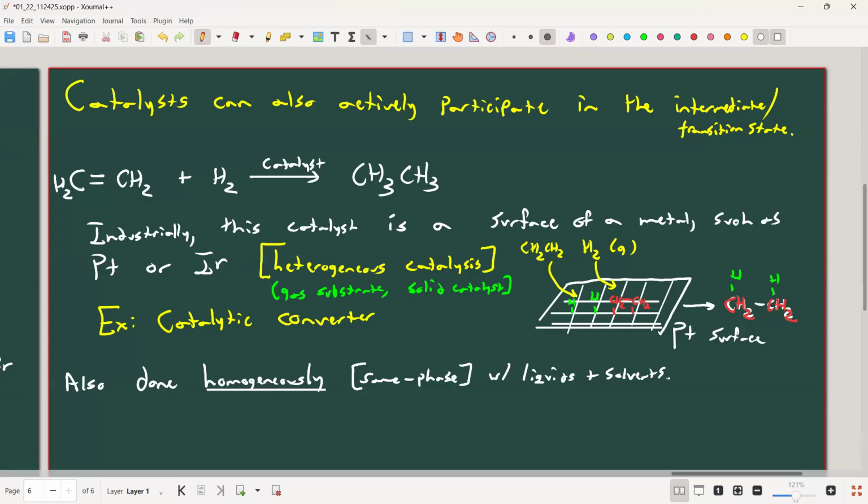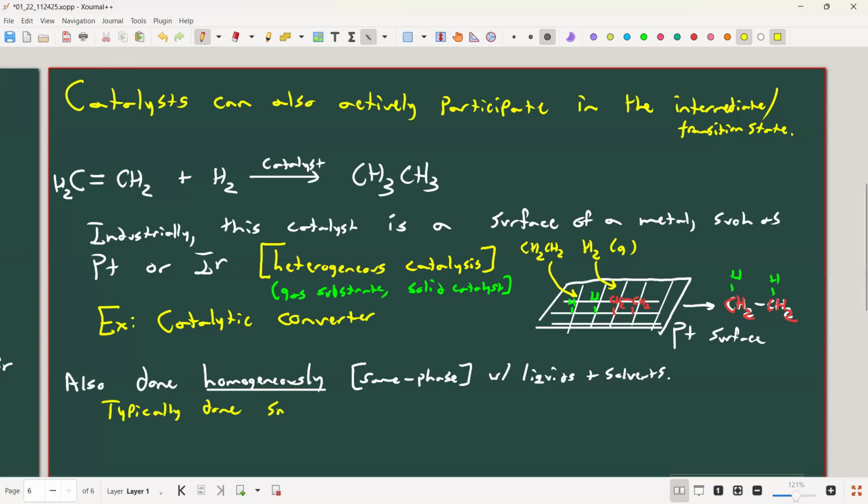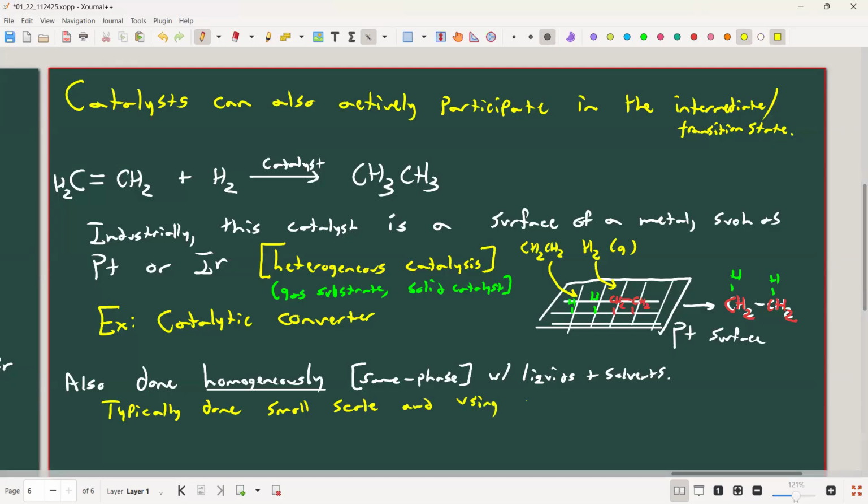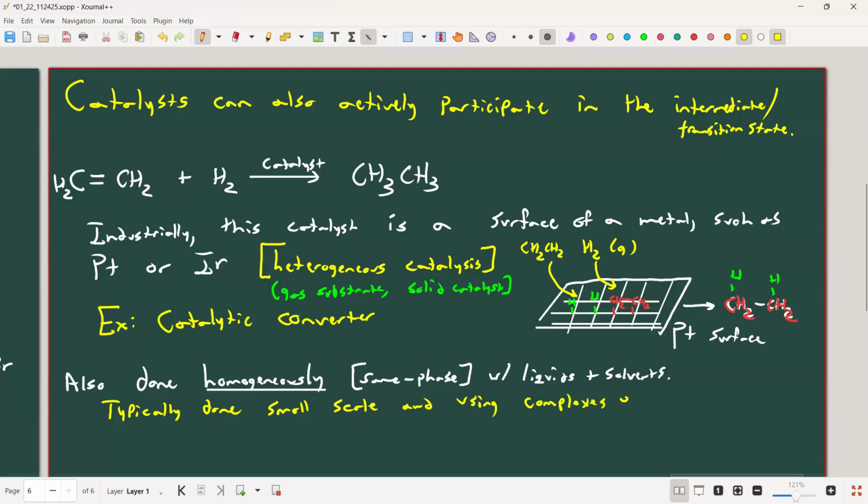This is often done in the lab, typically small scale, using complexes of metal atoms with organic ligands.